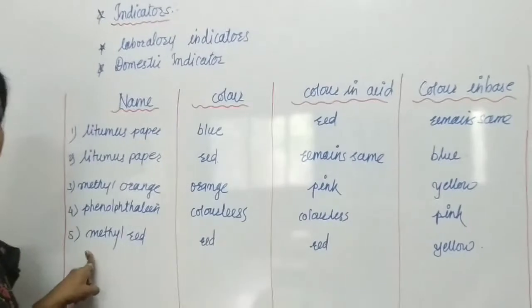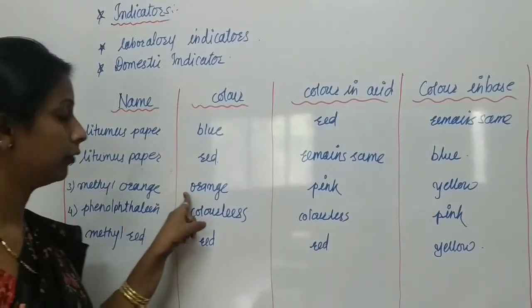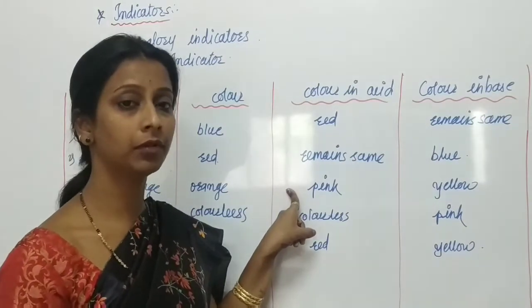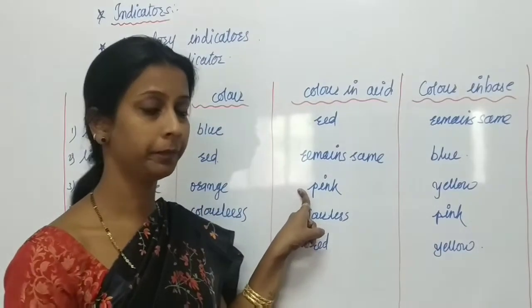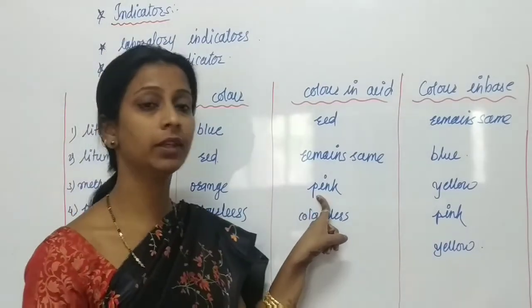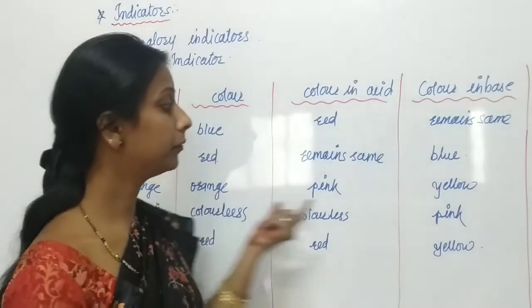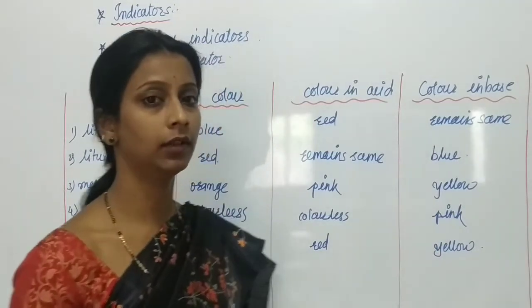These three are in liquid state. First, methyl orange, which is orange in color. When we add this to acid, the acid becomes pink. And when we add methyl orange to bases, the base becomes yellow.